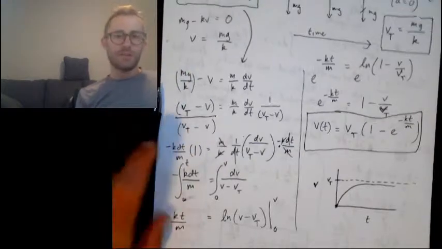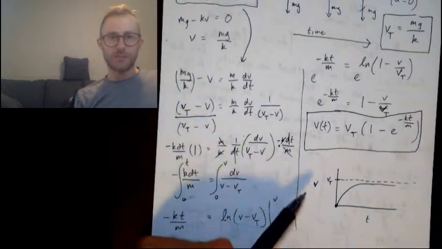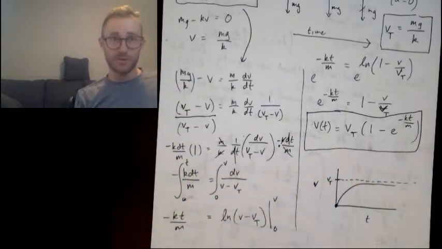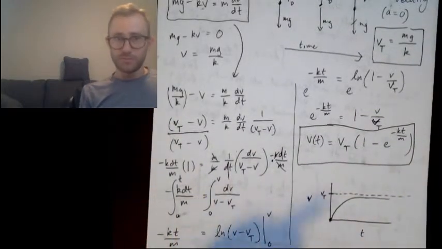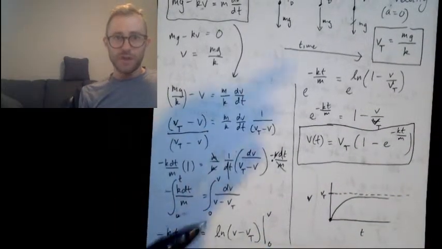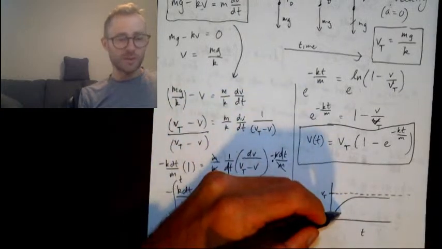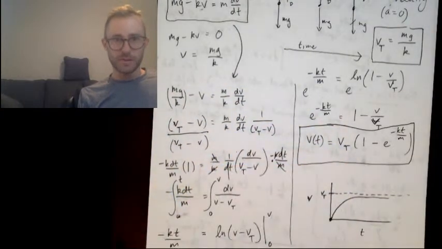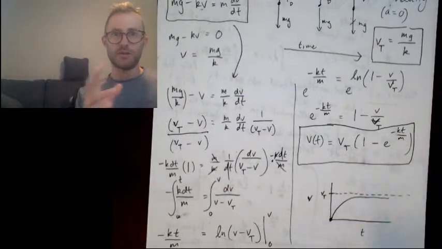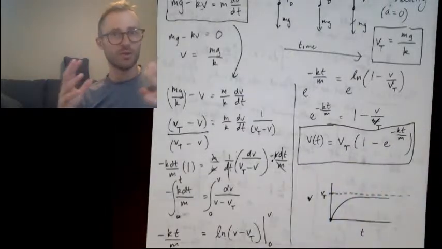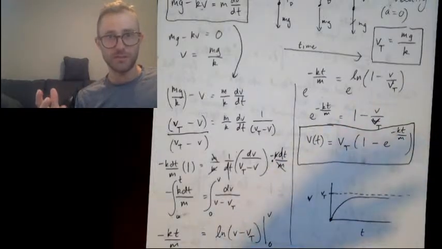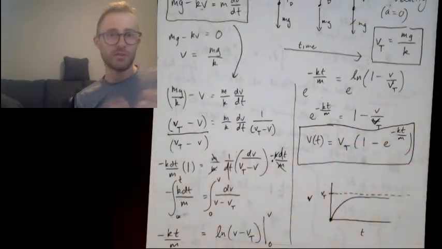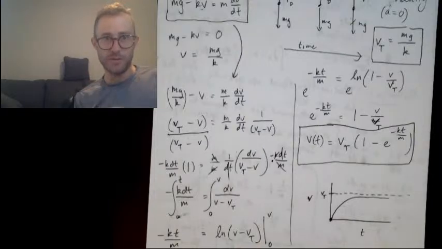So there you have it. We asymptotically approach the terminal velocity. And these conclusions are true no matter the model of the drag force. It's just the specific form of the function is a little bit different depending on your model of drag. So if you needed a super accurate velocity-time graph, then you would need to use a more complicated model. But this model is going to be qualitatively correct.